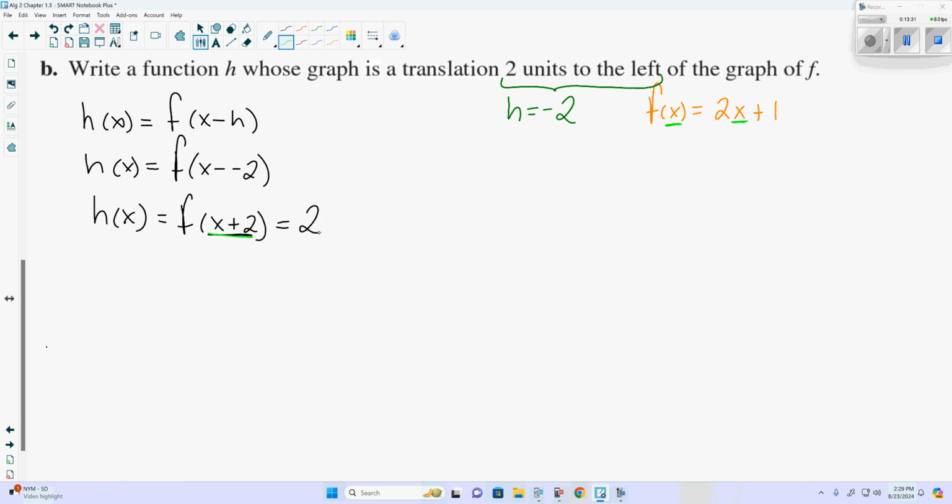We still have the 2. We still have the plus 1. Every other part of the equation is going to stay the same. But instead of having 2 times x, we now have 2 times x plus 2. All the other parts of the function f of x are still going to be there, the 2, the plus 1. The only thing we're changing is the x. Does that make sense? Are there questions on that?